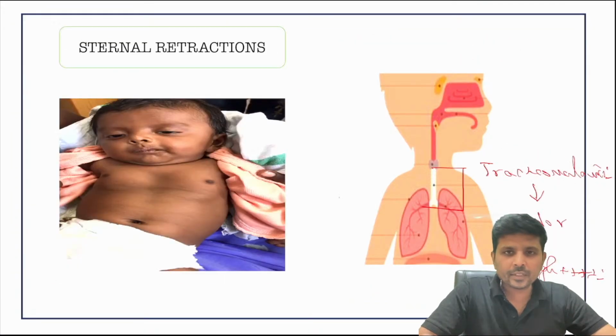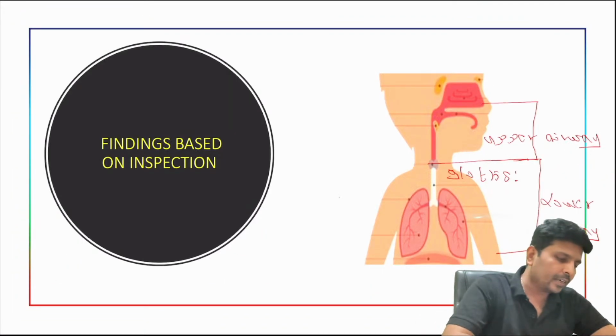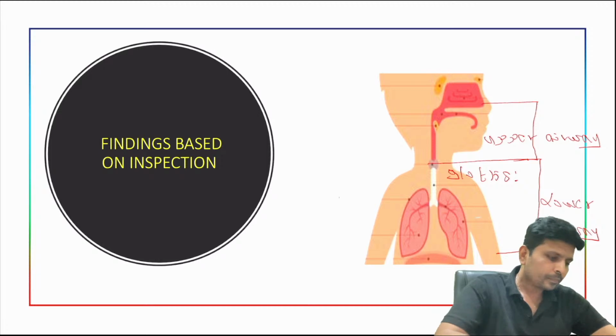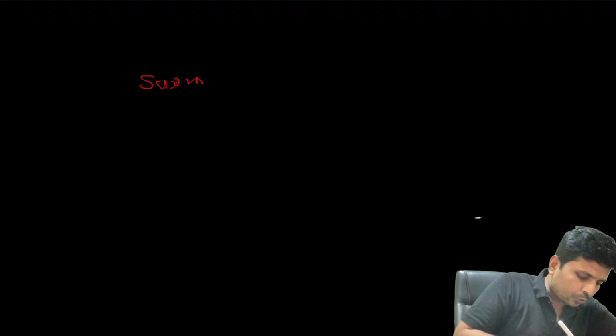So what are all the things we have learnt right now? We have learnt 4 things. The first one is revision. The first thing is suprasternal retractions.